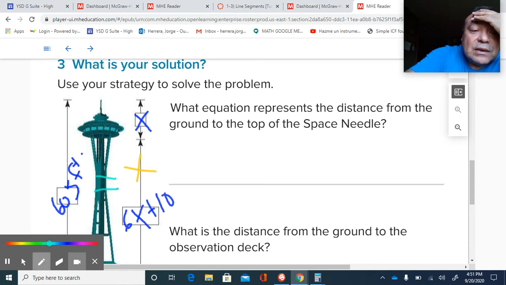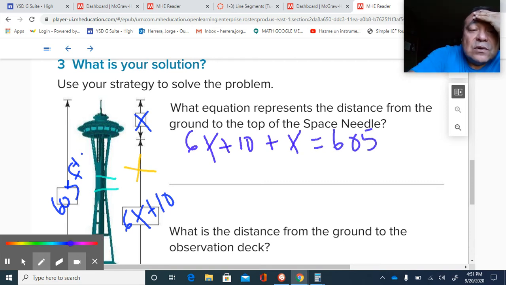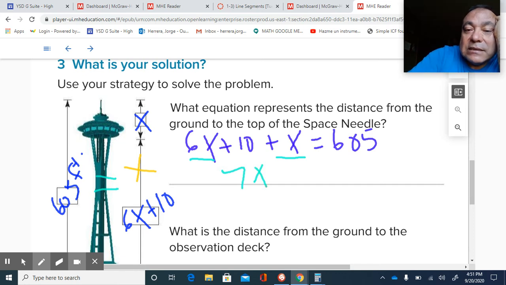So let me see if we can set this up. I'm going to have 6x plus 10, and then plus x equals 605. Okay, please notice we need to combine like terms. 6x plus 1x will give us 7x plus 10 equals 605.